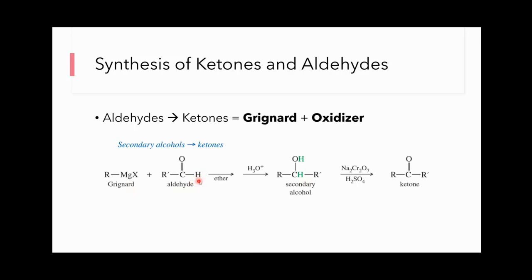It should replace that H with an R group, the R group of the Grignard, and just use a strong oxidizer, like chromate, and you'll oxidize this alcohol into a ketone.